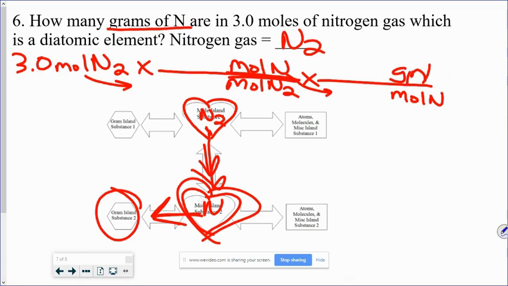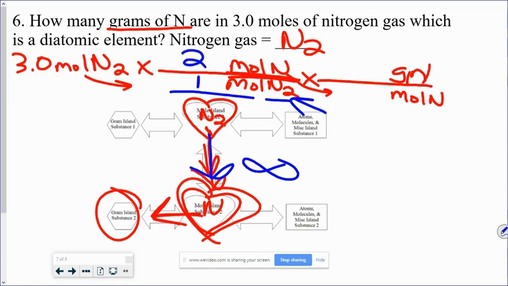And now we can pop in some numbers. So when we go from Mole Island to Mole Island, this step right here, we use the subscripts as infinite sig figs. So if we look here, there's a 2 right there. So for every 1 mole of N2, we have 2 moles of N. So this 2 is where that 2 comes from right there.